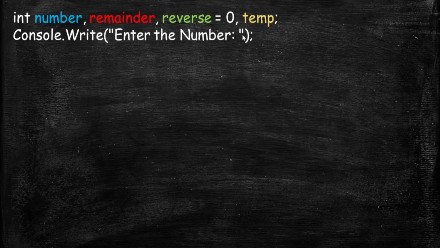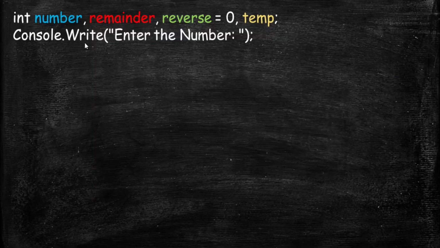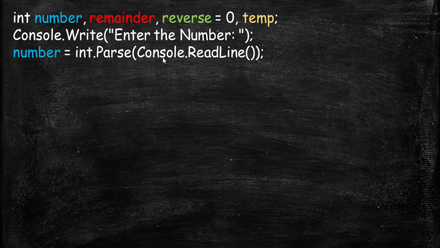Enter the number. This will be printed on the screen. As you can see, enter the number. Then we will take the input of the user using console.readline, convert that to an integer and store it in number.